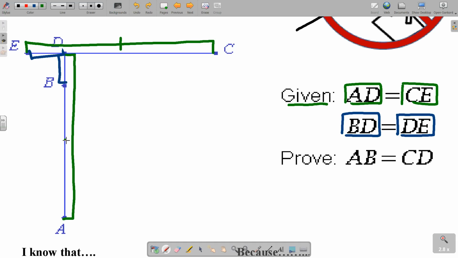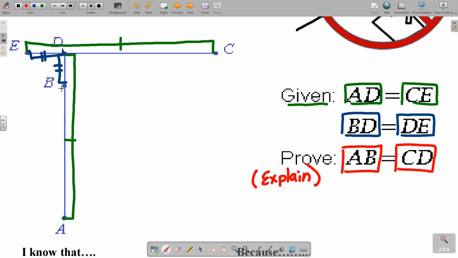So the greens are congruent and the blues are congruent. Now, knowing the big greens are equal and the little blues are equal, what we're going to try to prove, and prove just means explain. Don't let that word sound so official. Just explain, how do we know that AB and CD are congruent given these circumstances?